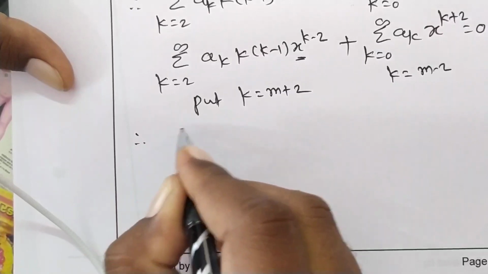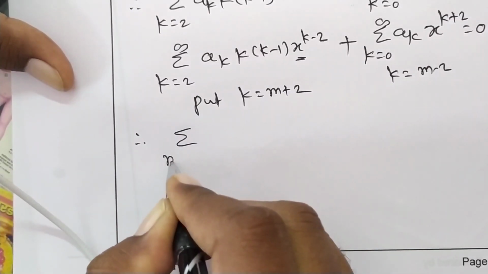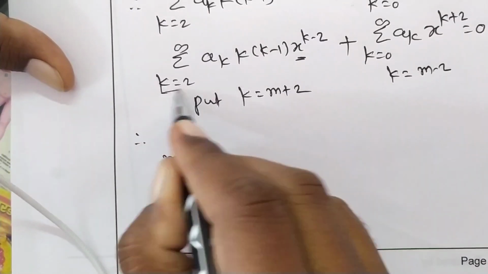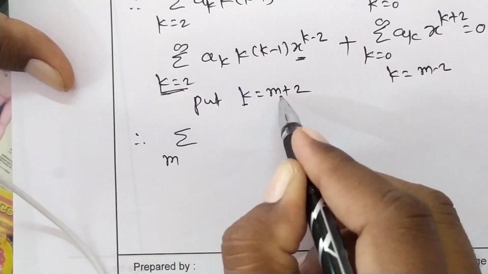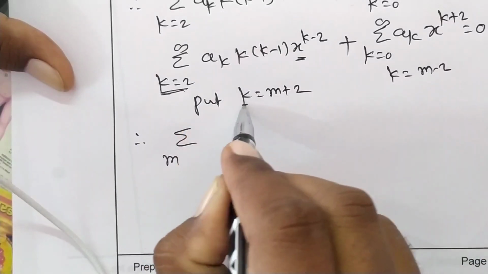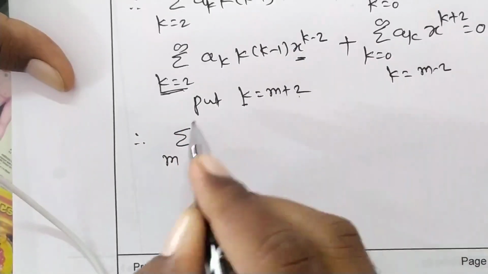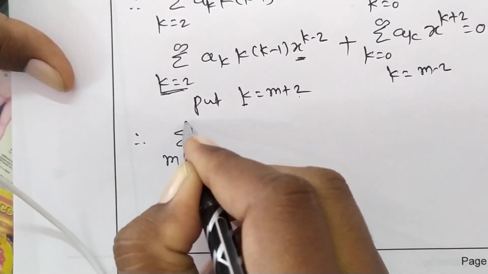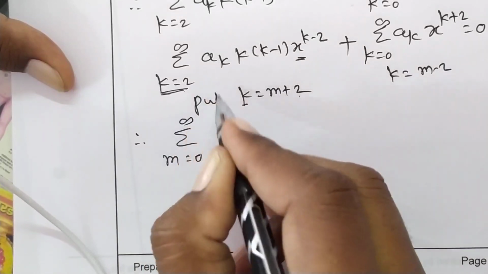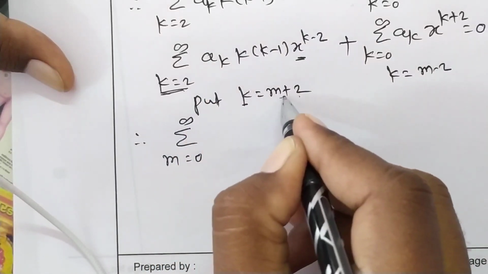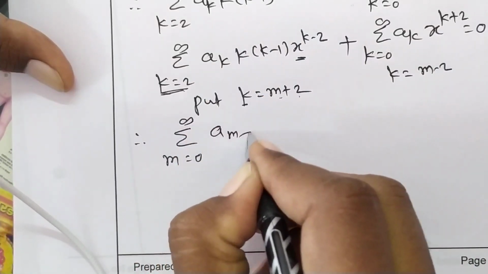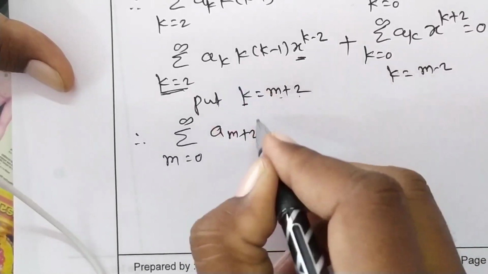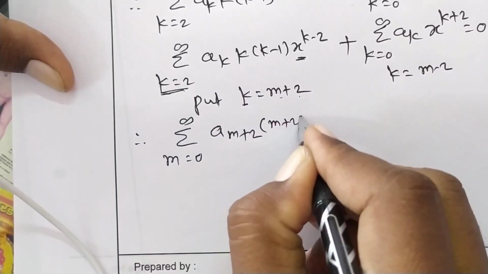And therefore this summation becomes: now here m starts from k equal to 2. For k equal to 2, what is the value of m? If you put k equal to 2, the two get cancelled, so m equal to 0. So m varies from 0 to infinity. Here ak becomes a m plus 2, and k is m plus 2.